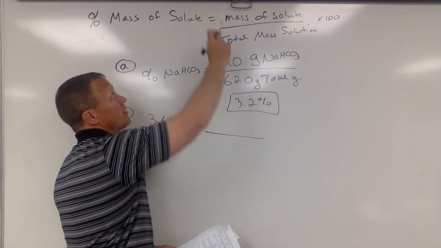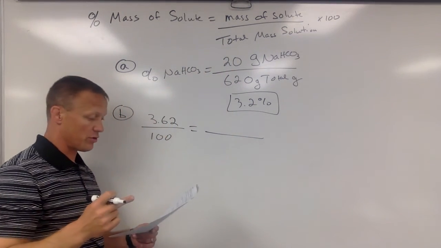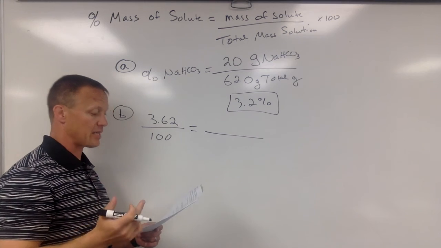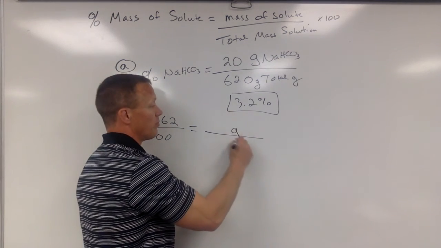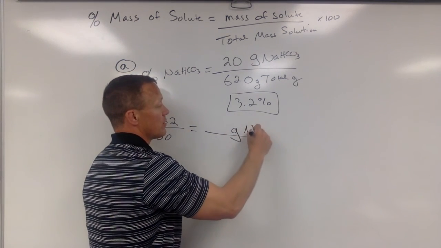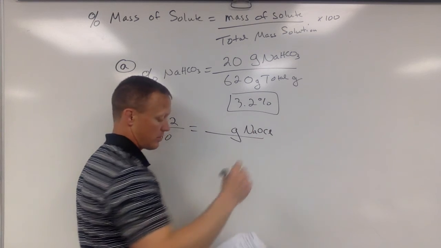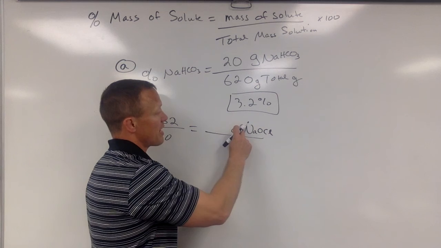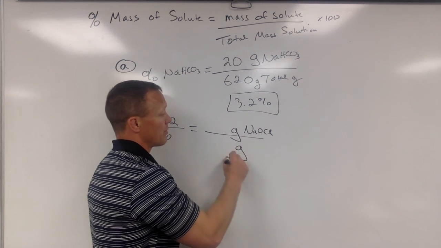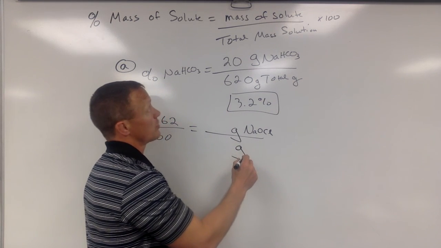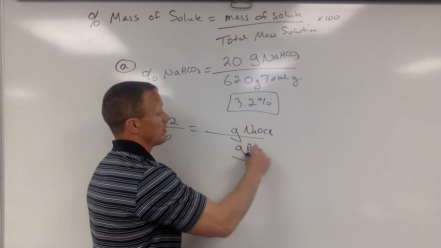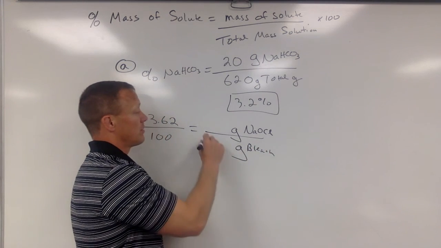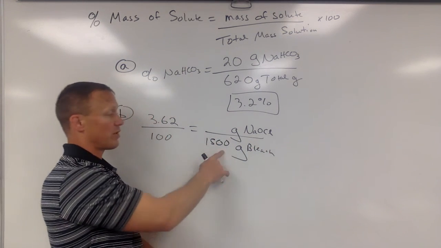So I can say, what is my mass of solute? And it's asking for that. It wants to know the grams of the bleach, or the grams of the sodium hypochlorite, which is NaOCl. That's the grams of that out of the total grams of bleach solution, which is 1,500. So it's saying you have 1,500 grams of bleach.